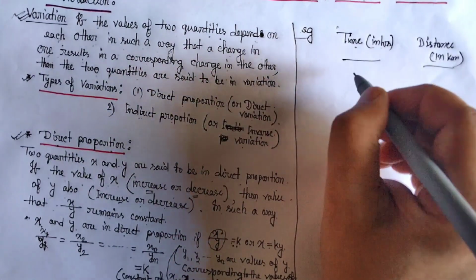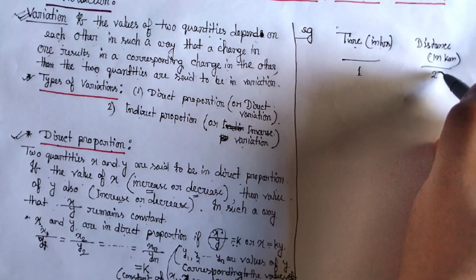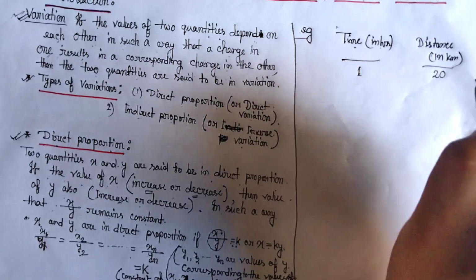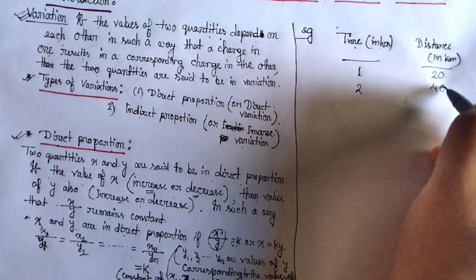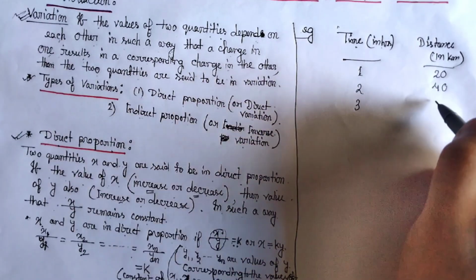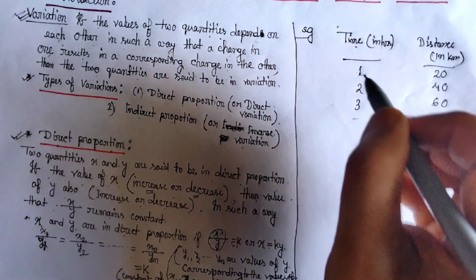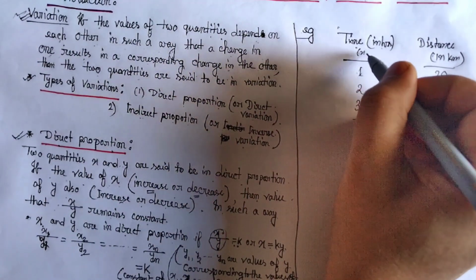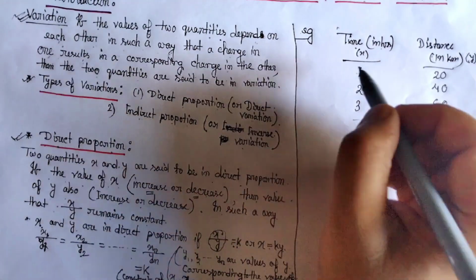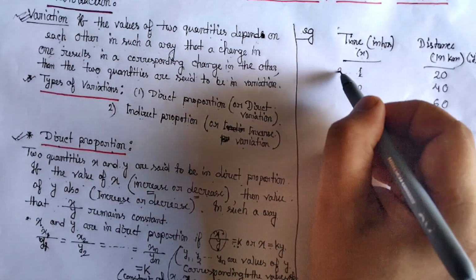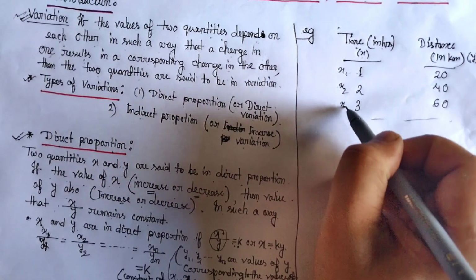If in 1 hour the total distance covered by a car is, suppose, 20 kilometers, again in 2 hours it will cover 40, and in 3 hours it will cover 60. So here time is denoted by x and distance is denoted by, suppose, y. So here x1 is 1, x2 is 2, x3 is 3.